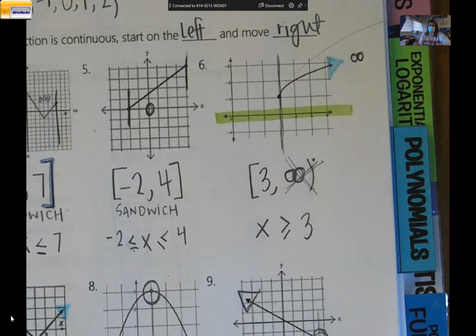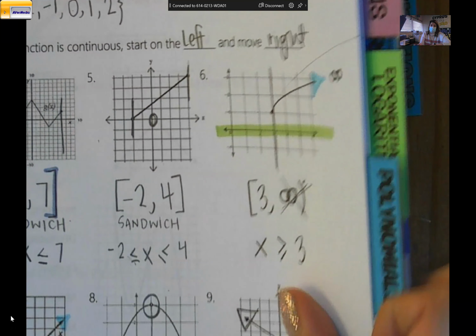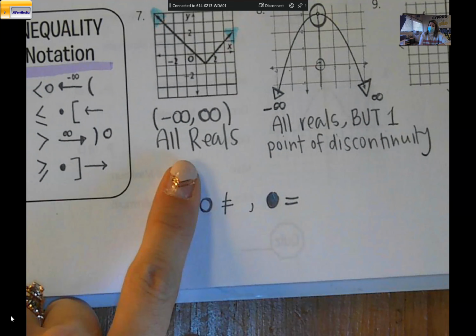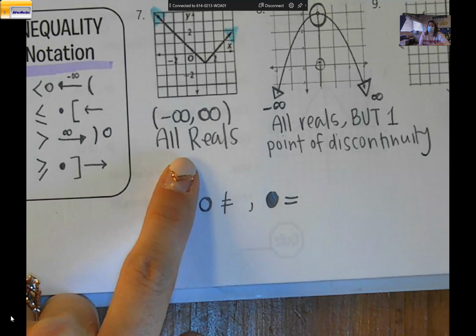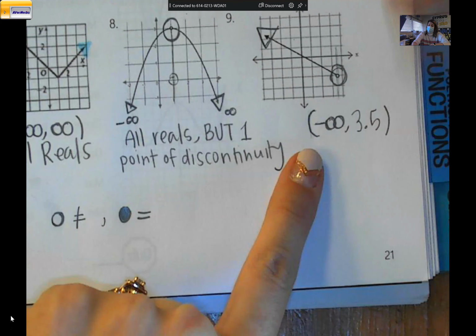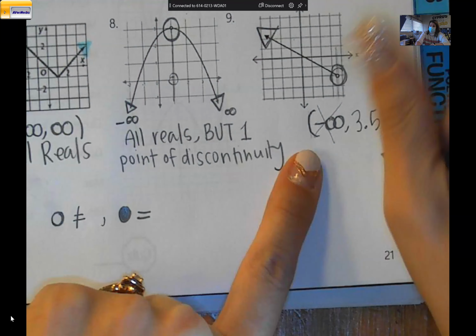You're hanging in? Yes? Was that a yes? This guy stays the same. There's no inequality notation for this guy. This guy stays the same. This guy, we do not include the negative infinity.